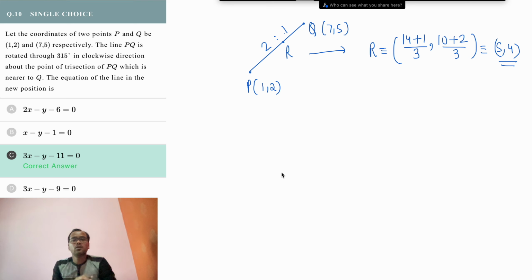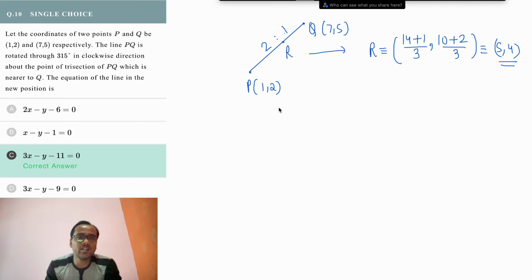Now we want to rotate this line segment PQ through an angle of 315 degrees. 315 is 45 less than 360. Yeah, 360 minus 45 is 315.